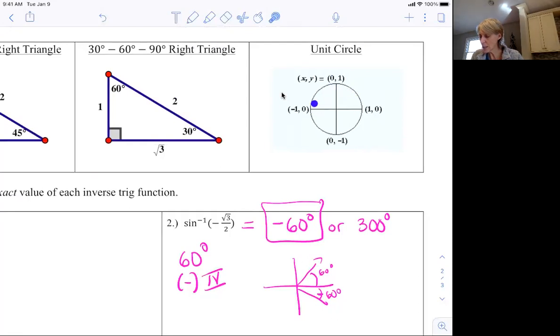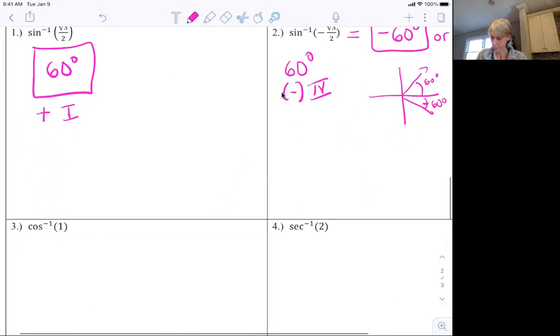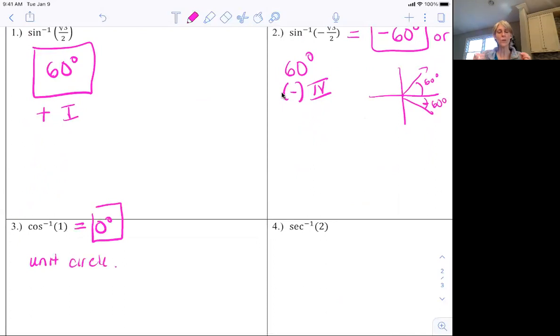That's all I'm dealing with when I'm dealing with the cosine. Which angle, is it 0 or is it pi, gives me a cosine of 1? It's going to be 0. And that was using the unit circle.